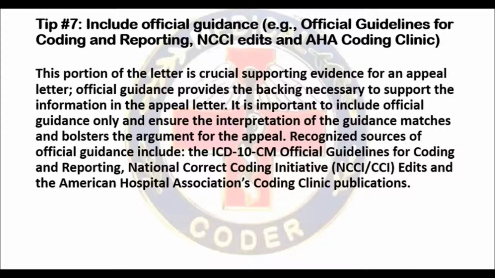It is important to include official guidance only and ensure the interpretation of the guidance matches and bolsters the argument for the appeal. Recognized sources of official guidance include the ICD-10-CM Official Guidelines for Coding and Reporting, National Correct Coding Initiative, NCCI/CCI, edits and the American Hospital Association's Coding Clinic publications.